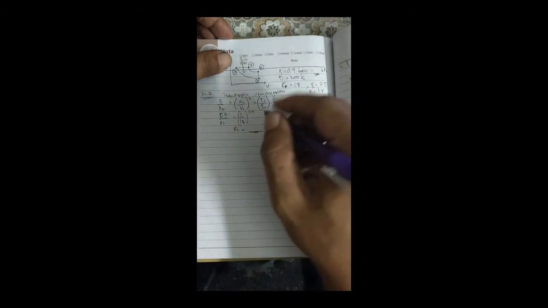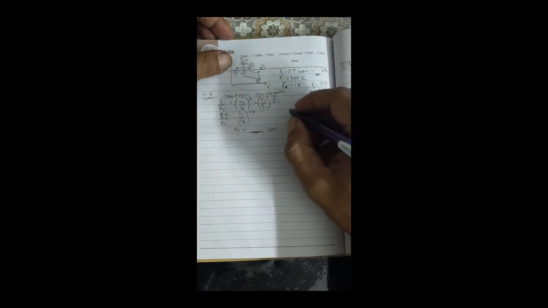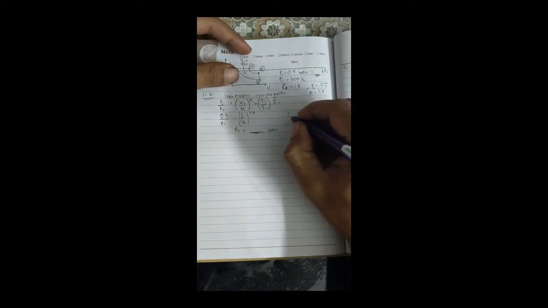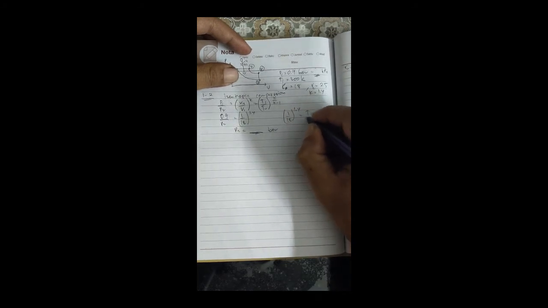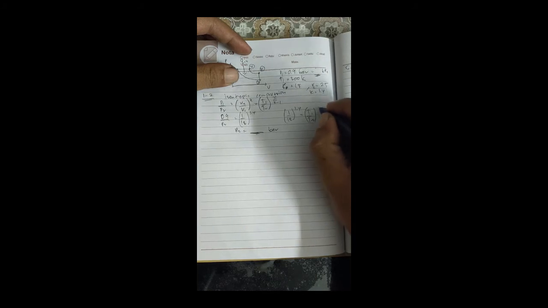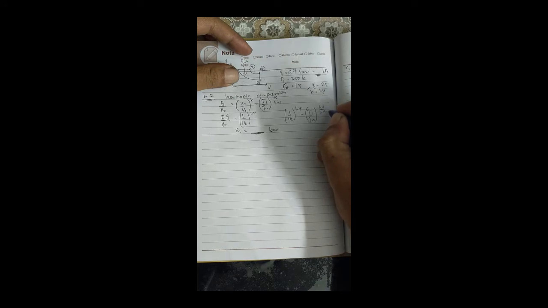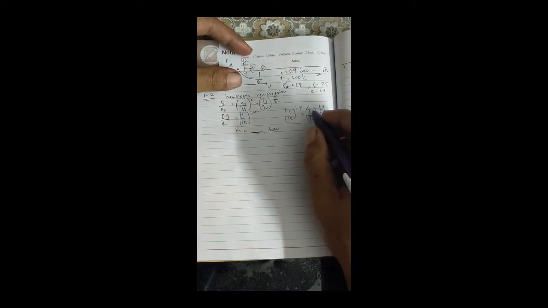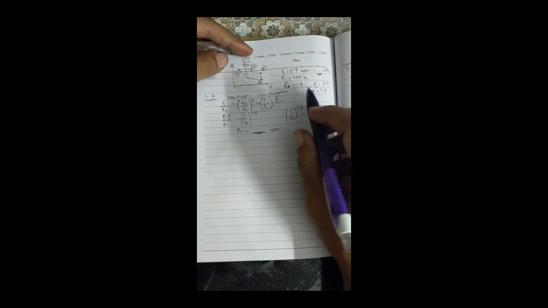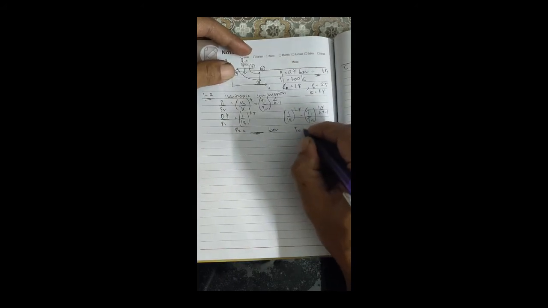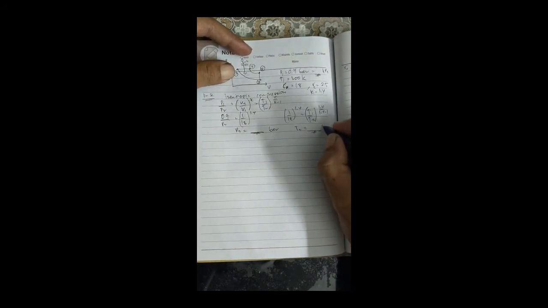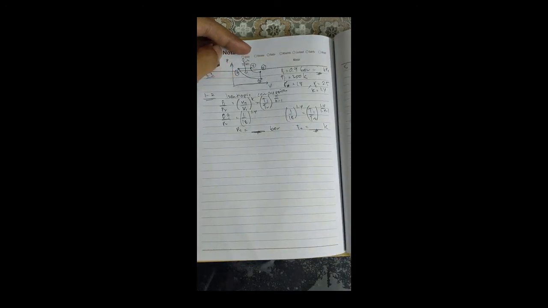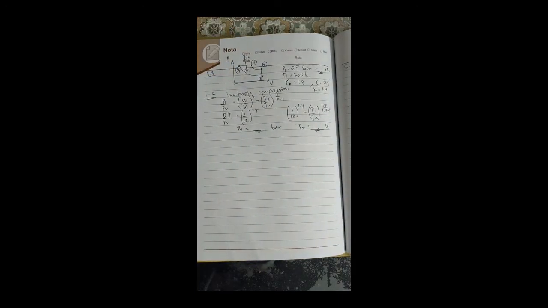Same goes with temperature: 1 over 18 to the power 1.4 is equal to T1 over T2 to the power 1.4 minus 1. T1 is 300 Kelvin, so we can calculate T2 in Kelvin. So we got points 1 and 2.